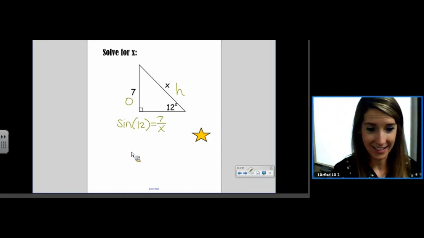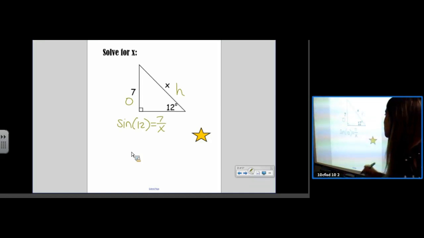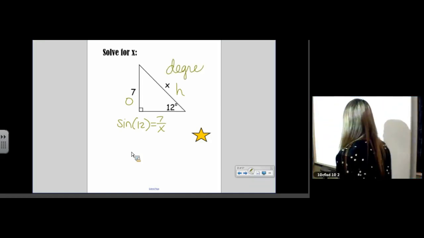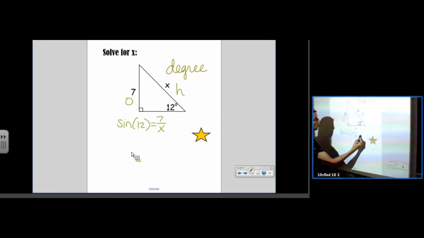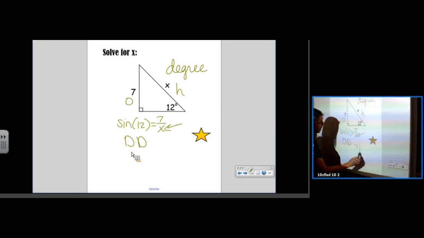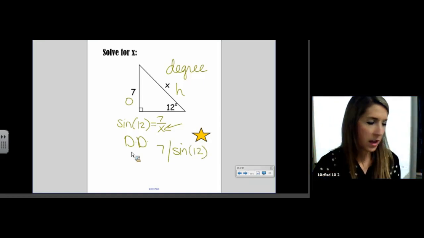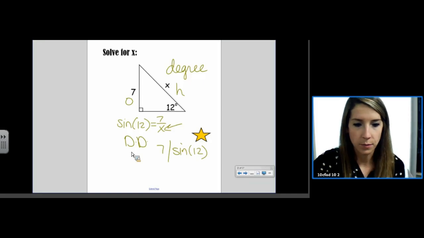Careful, make sure you're in degree mode. Okay, where is the variable? Denominator divide. Denominator divide. So 7 divided by sine 12. You get 33.67 or whatever you want to round to.